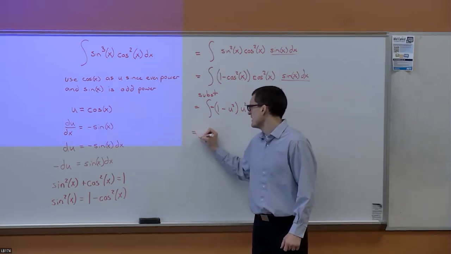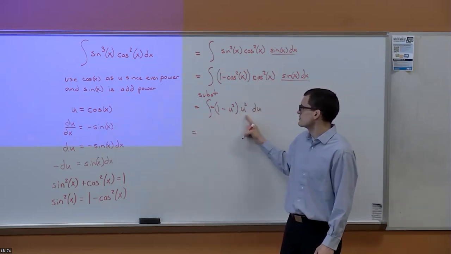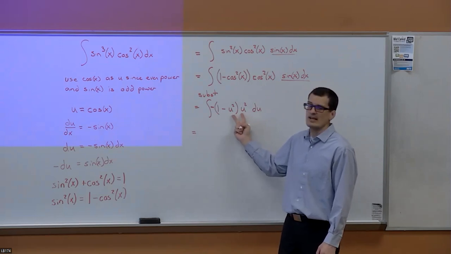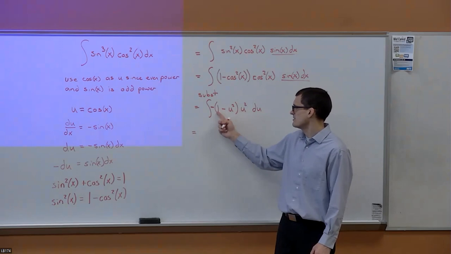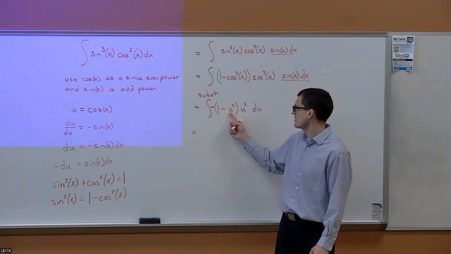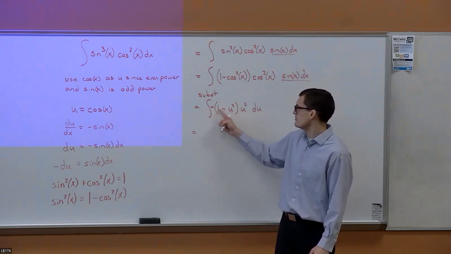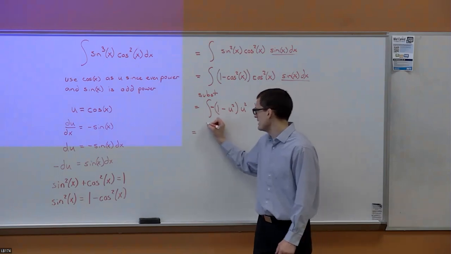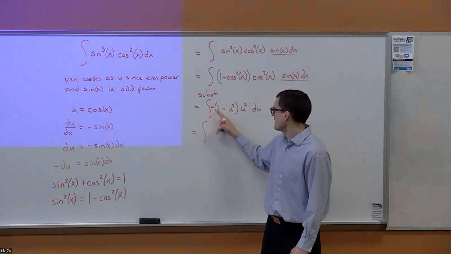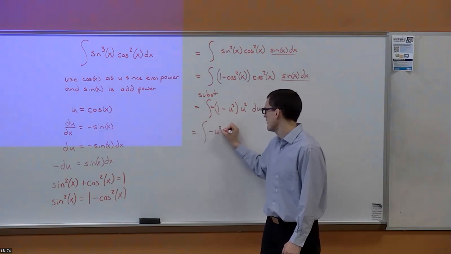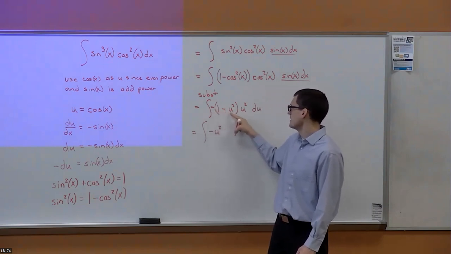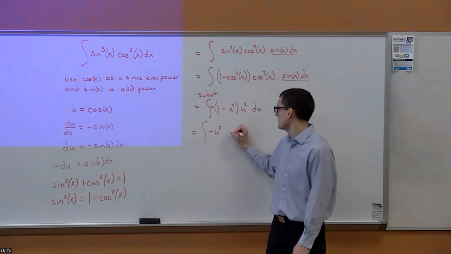Now let me rewrite that, because we're gonna integrate this. This is hard to integrate as it sits, but if you multiply the u squared times 1, u squared times u squared, and then you distribute the negative, what you're gonna end up with: negative 1 times u squared is negative u squared. Negative times negative u squared times u squared is a positive u to the 4th.